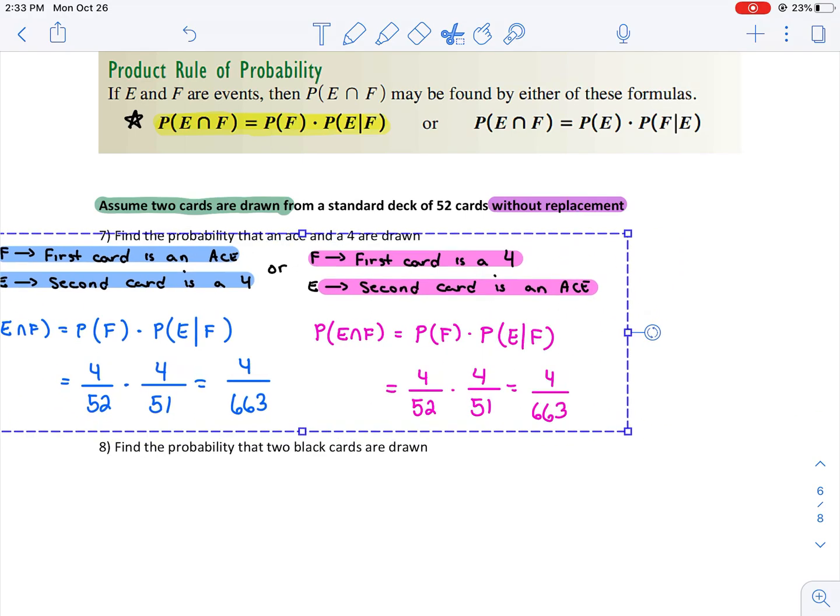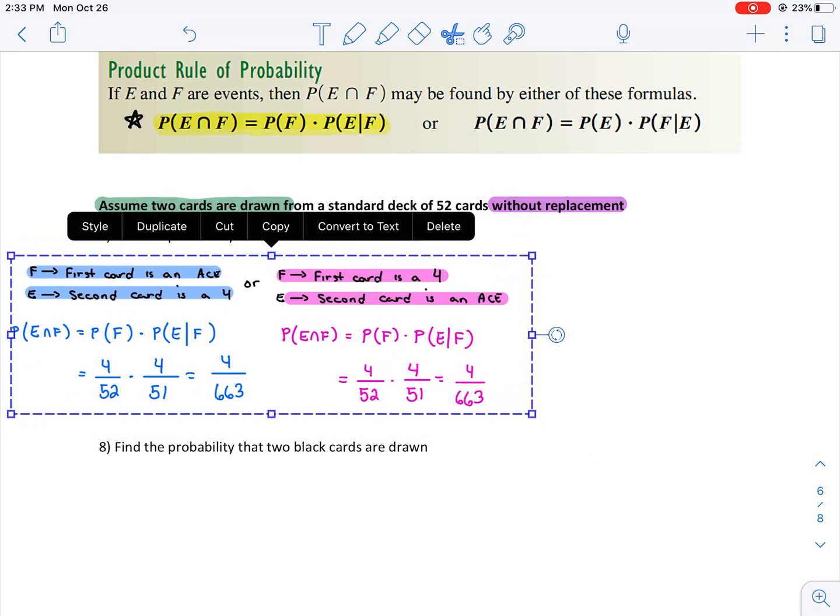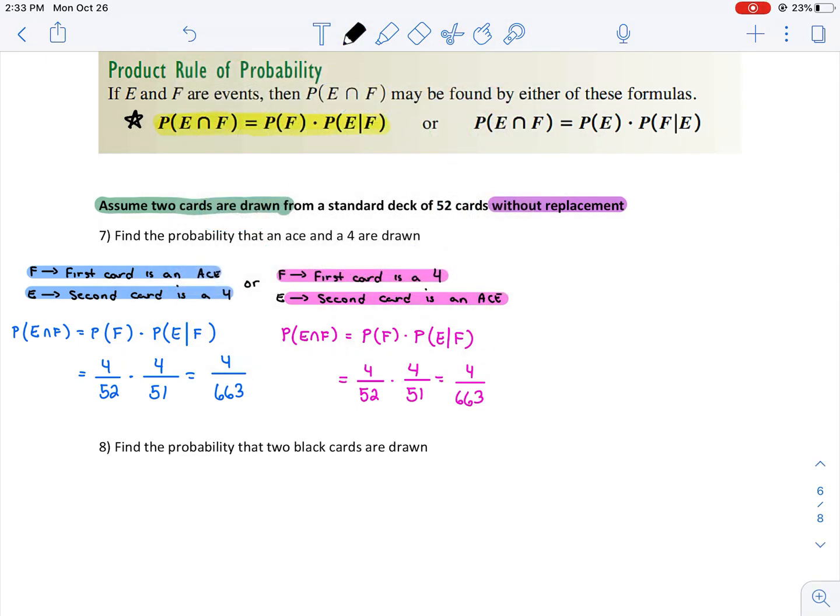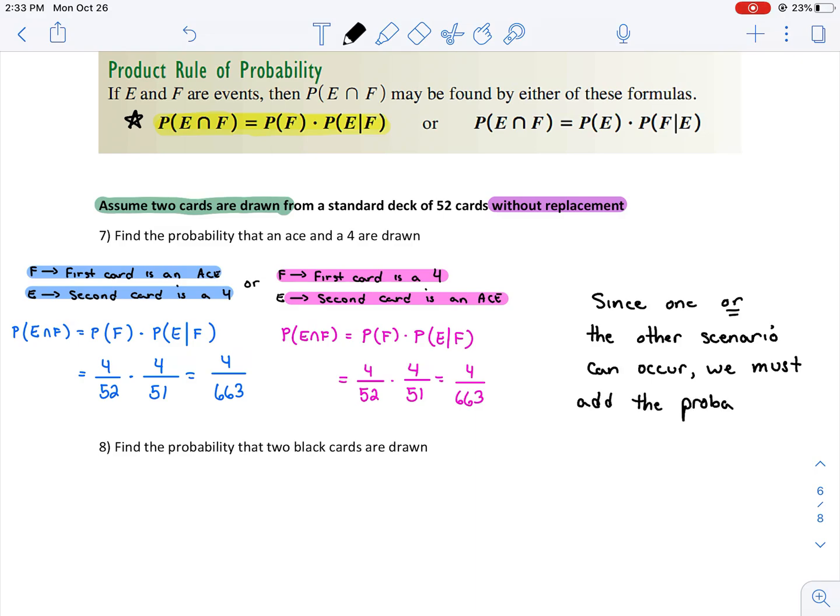And the final step here is recognizing the fact that since one or the other scenario can occur, we must add the probabilities.